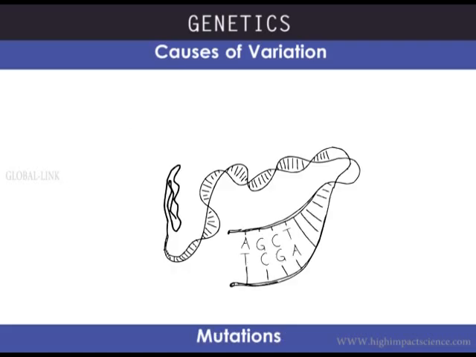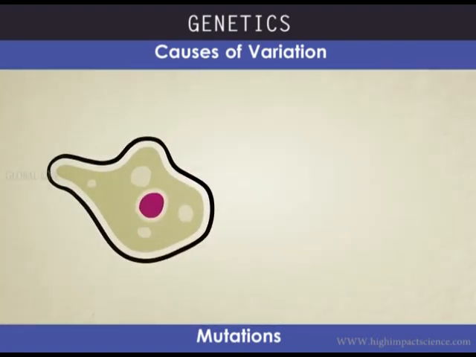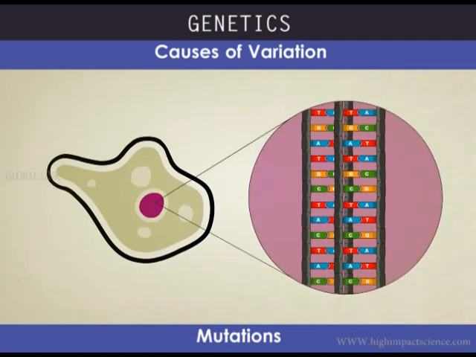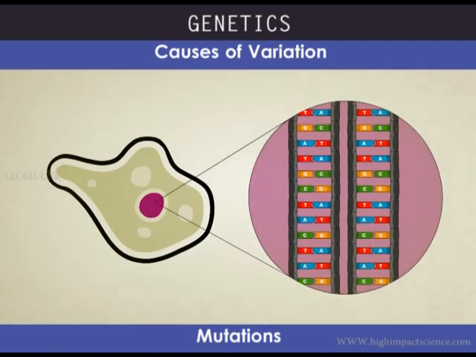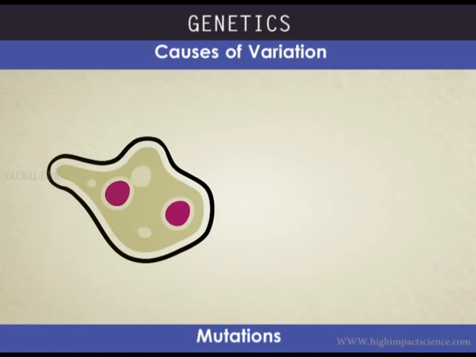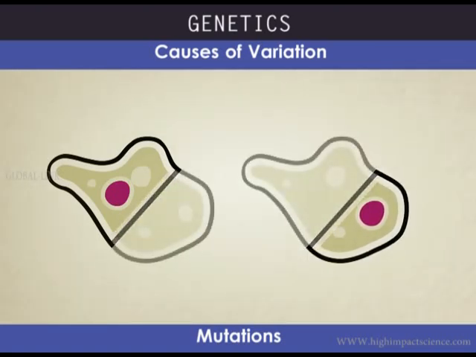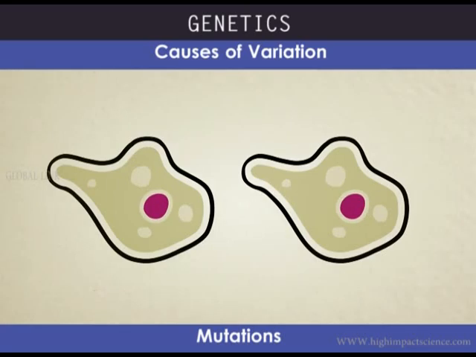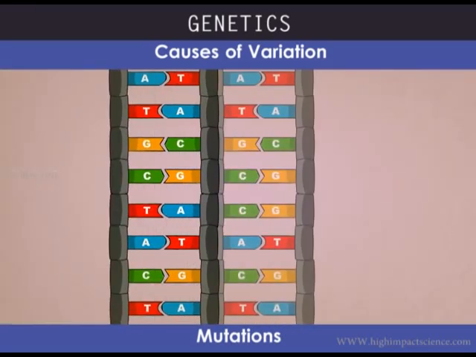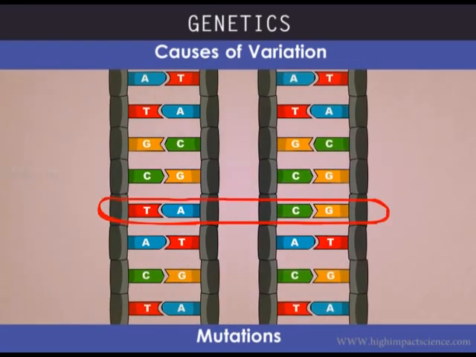Mutations are spontaneous changes in the genetic makeup of an organism. For example, single-cell amoeba reproduce by copying their DNA, moving the copies to opposite sides of their body, splitting into 2, and going back into full size. When DNA is being copied, errors can occur which modify the DNA code.